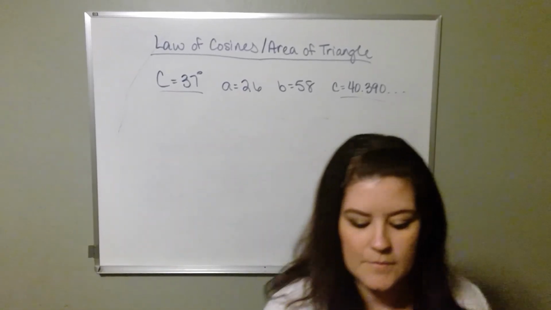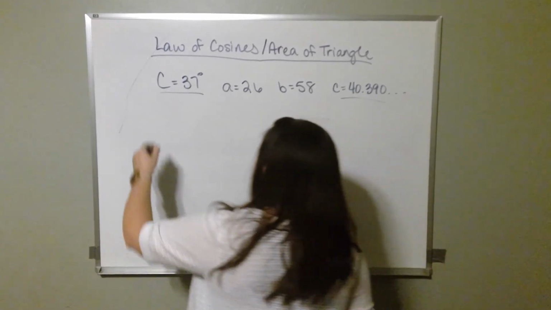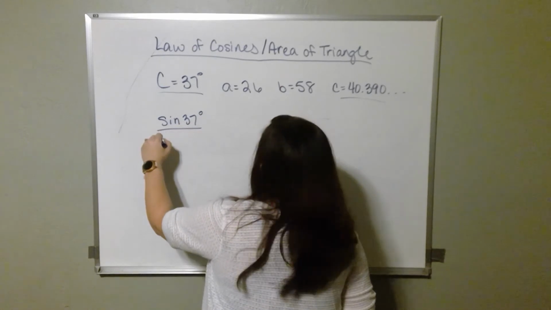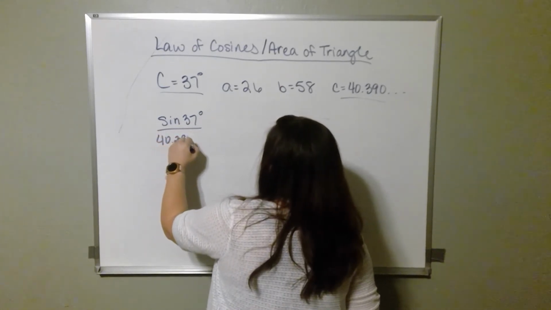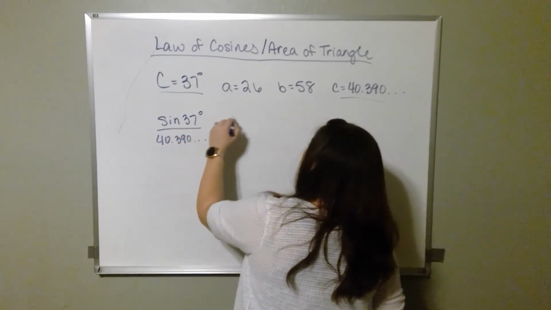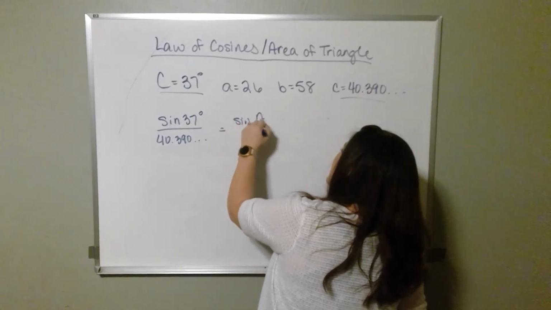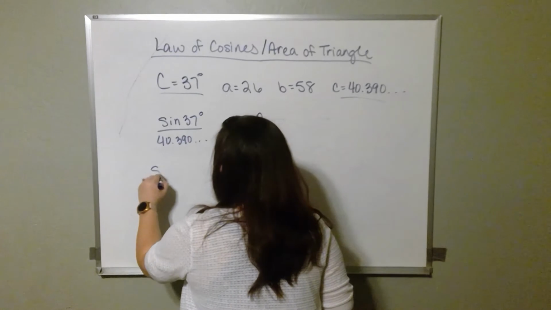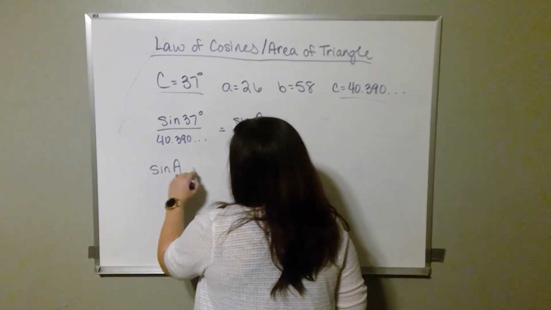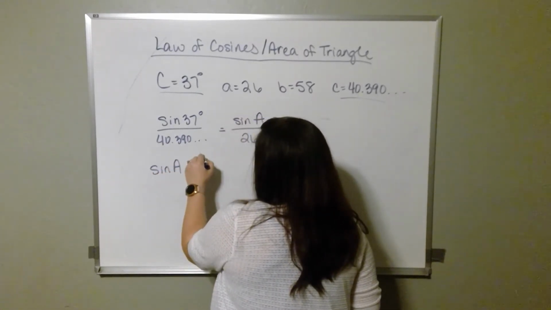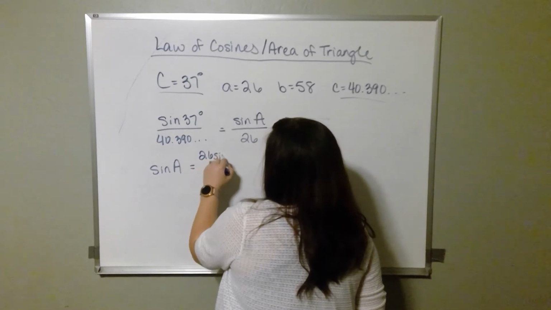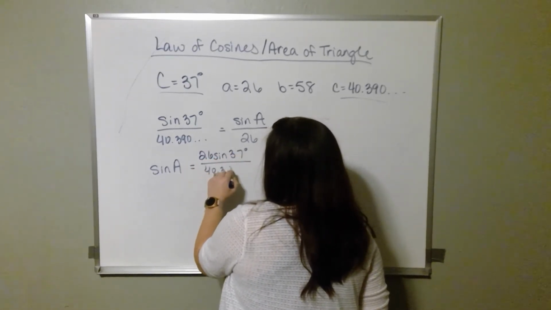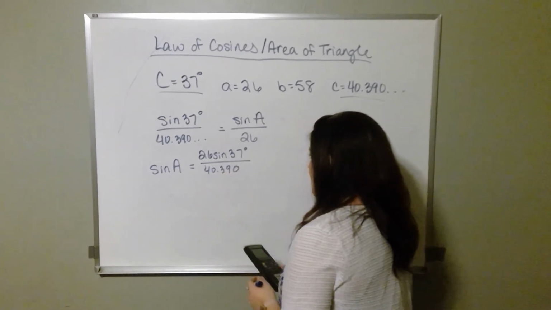All right, so we're going to use sine C over C. So sine 37 over that 40.390 value equals sine of angle A over A, which was 26. So to solve for sine A, I'm going to do 26 sine 37 over the 40.390 number.